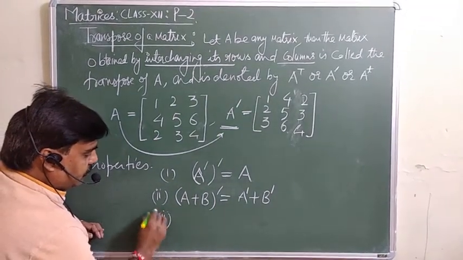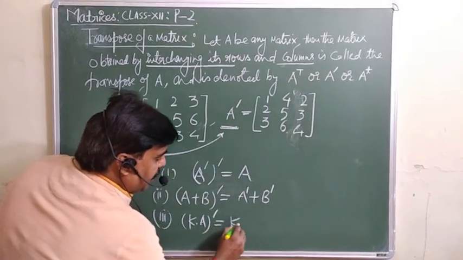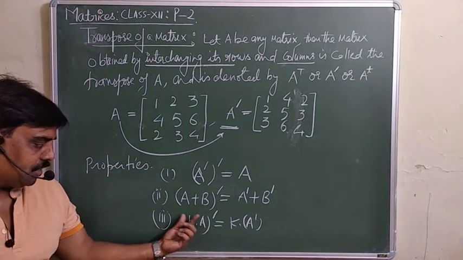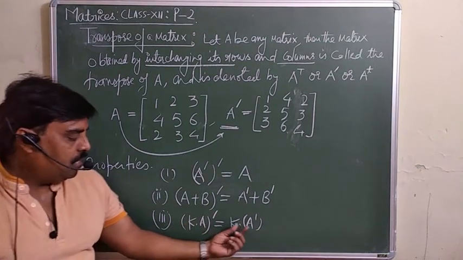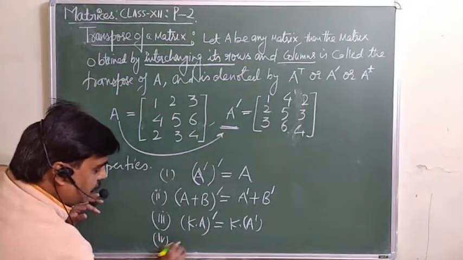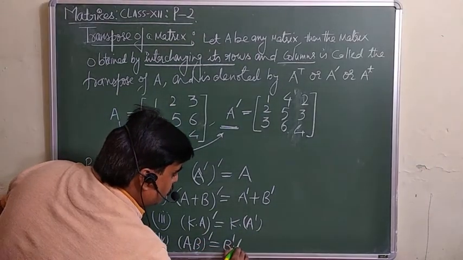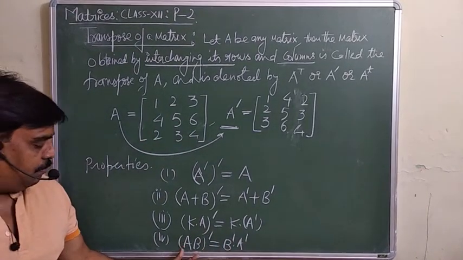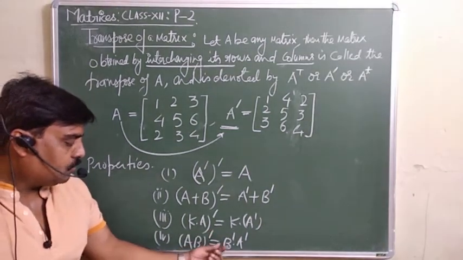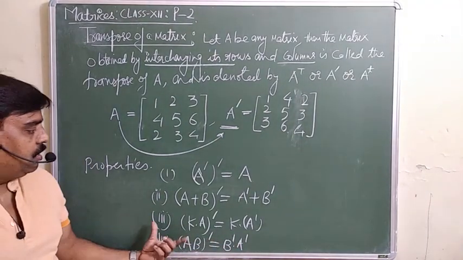Third, if you multiply the matrix A by K, any scalar quantity, and then take the transpose, it equals taking the transpose and then multiplying by the scalar. But the transpose of A into B is equal to B transpose into A transpose. That is, if you multiply A and B and then take the transpose, it equals B transpose multiplied by A transpose. So these are the properties. Have a look.